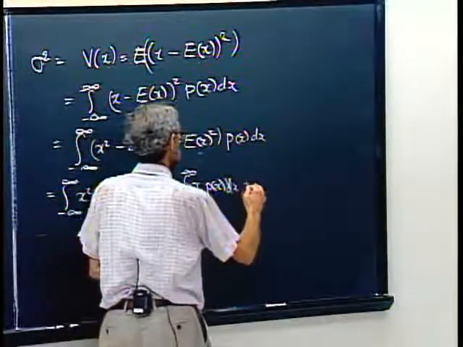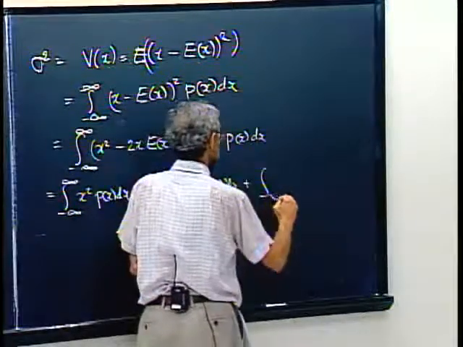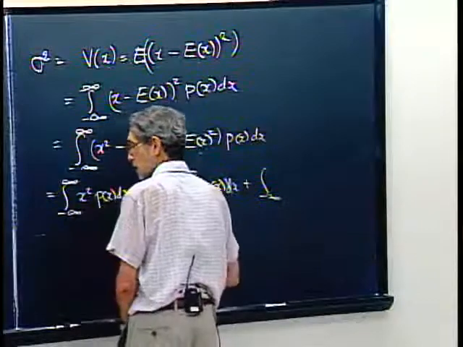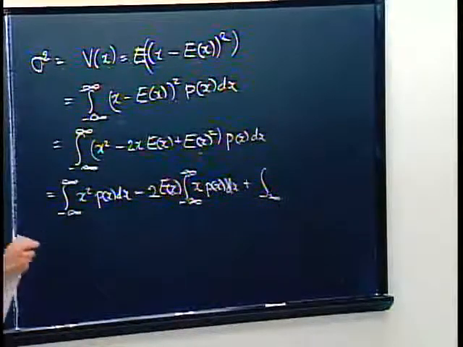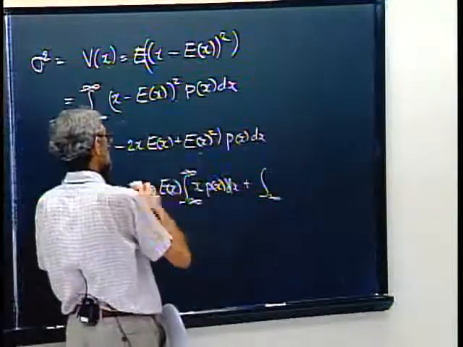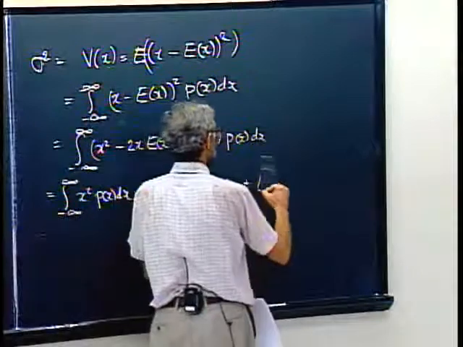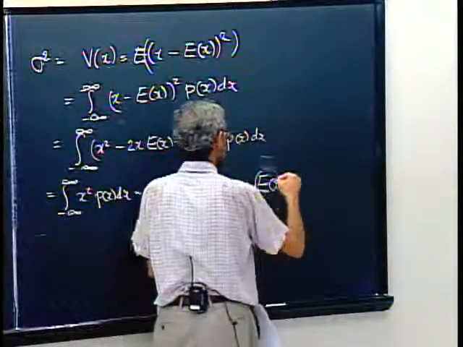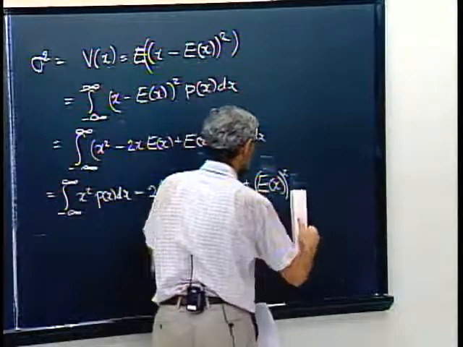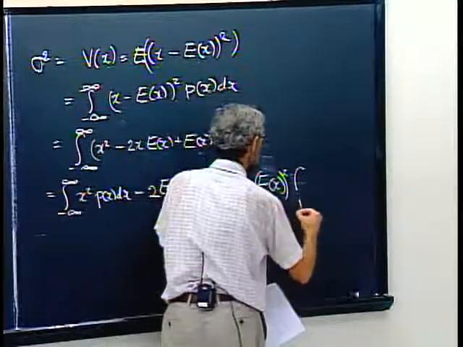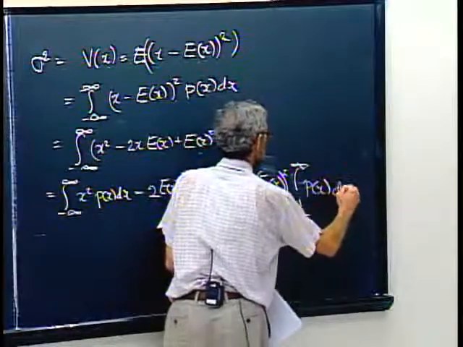dx plus the integral from minus infinity. Well, actually, I could take a constant out of that one, too. E of x squared is a constant for this. I'm implicitly multiplying each of these terms by p of x, doing two steps in one. So now I can take this constant out, E of x squared, out of the integral, and then I have the integral from minus infinity to infinity of p of x dx.